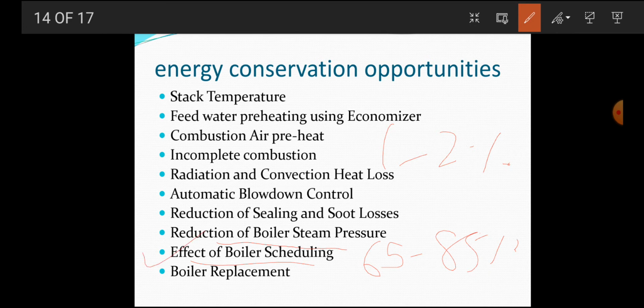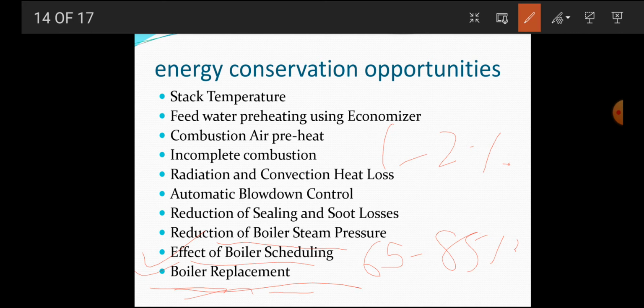Then boiler replacement. Last is boiler replacement. If boilers are old and inefficient, not capable of firing cheaper substitution fuel, oversized or undersized for present requirements, and not designed for ideal loading conditions, then we need to replace the boiler.